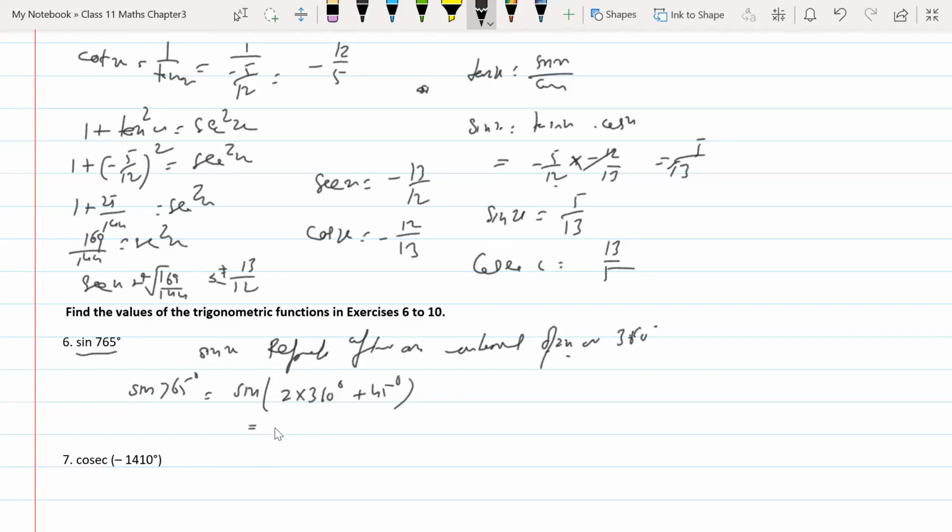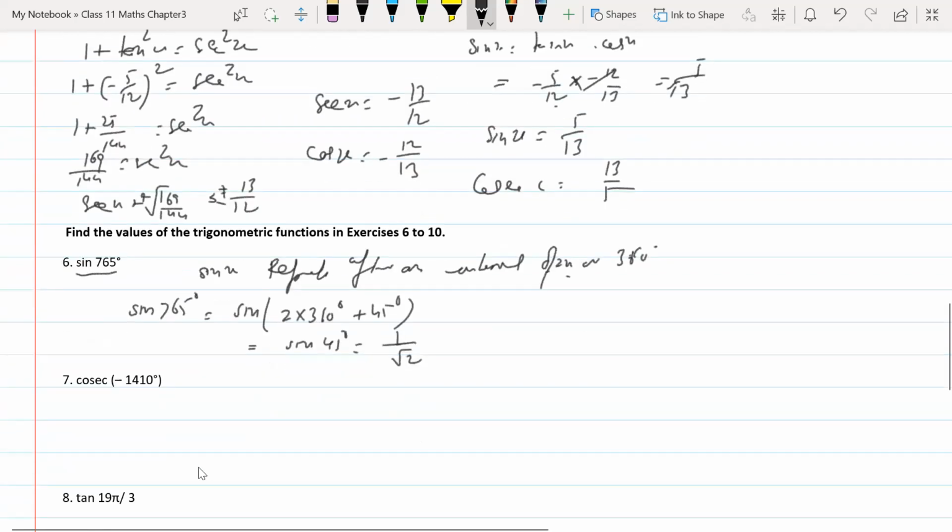It becomes sine 45 degree, and sine 45 degree is 1 by root 2.